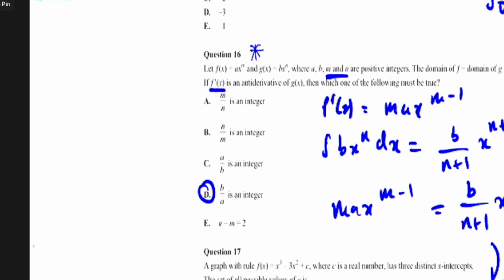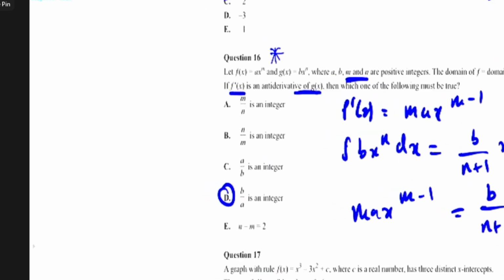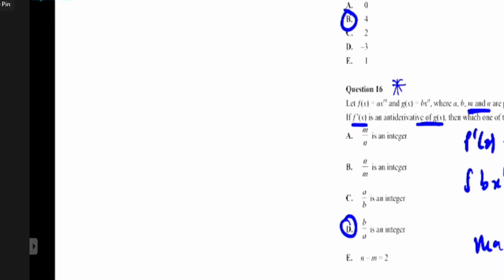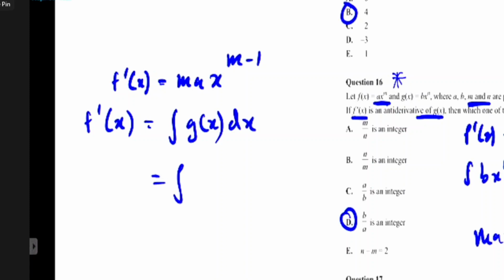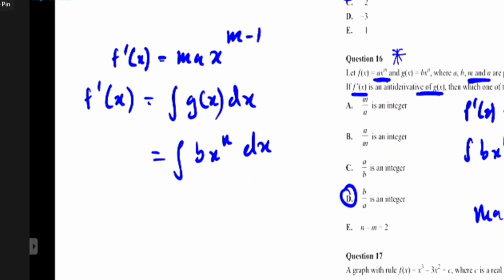We're given f dash of x is an antiderivative of g of x. So I'm going to redo this whole thing. F dash of x is just the derivative of this. So you bring m to the front, max^(m-1). That's how derivatives work. And f dash of x would be equal to an antiderivative of g of x, which is the integration of bx^n dx.